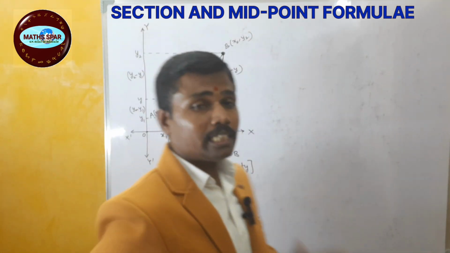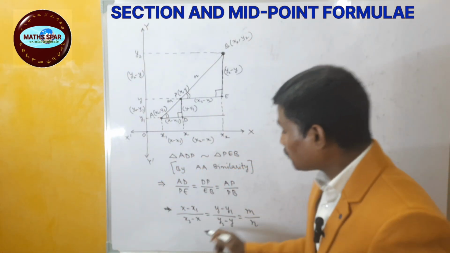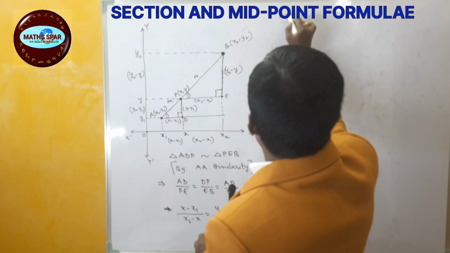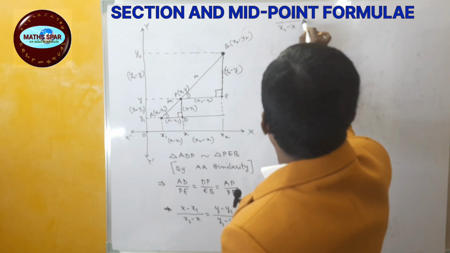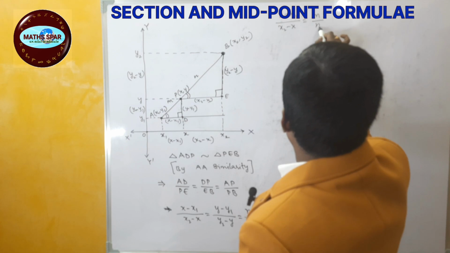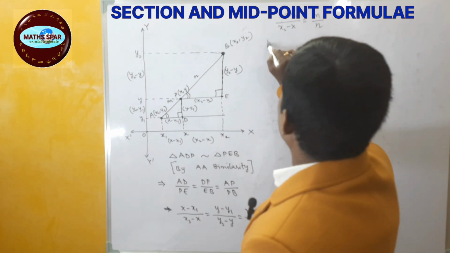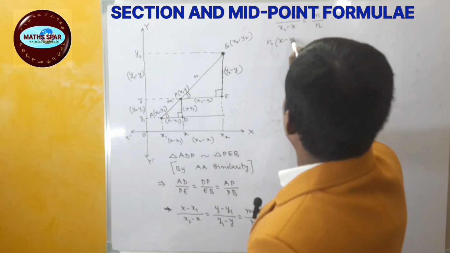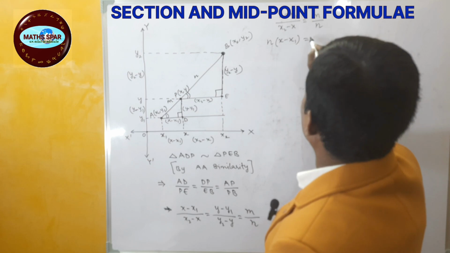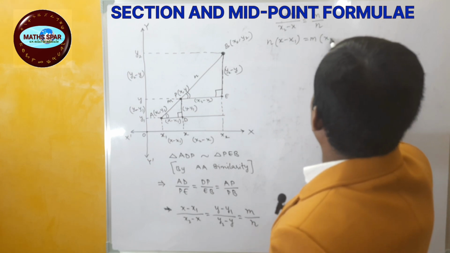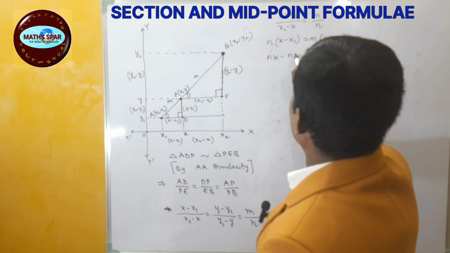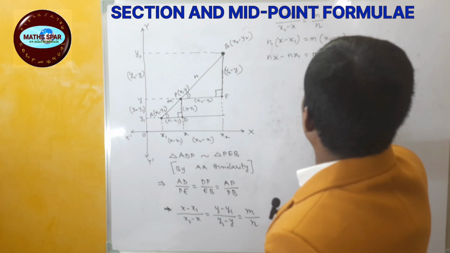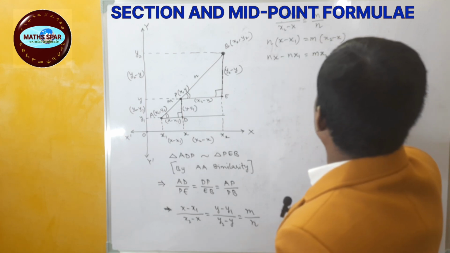Now let us consider x minus x1 by x2 minus x is equal to m by n. Then let us cross multiply. Then it will become n into x minus x1 is equal to m into x2 minus x. That is nx minus nx1 is equal to mx2 minus mx.